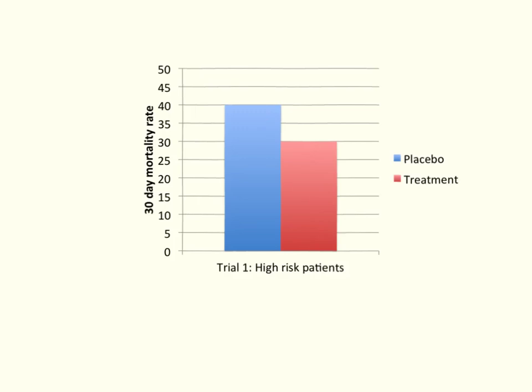So what do we want to know when we're looking at these data? It's a trial to test the effectiveness of the treatment, so we want to know the effectiveness of the treatment. And one way of looking at that is to look at absolute risk reduction. So what is absolute risk reduction? It's the reduction in absolute risk. The absolute risk of placebo is, in this case, 40%, and the absolute risk in treatment is 30%.